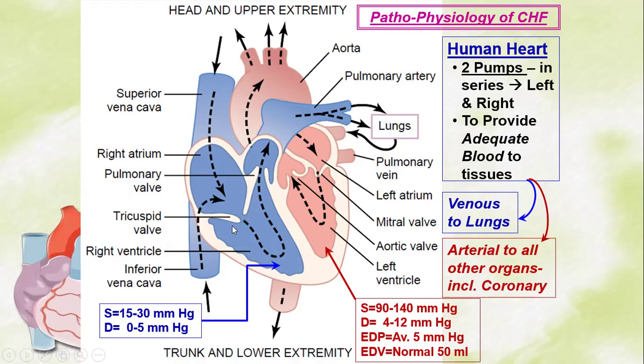This blood is your deoxygenated blood, and in the lungs there is an exchange of oxygen and carbon dioxide. So your deoxygenated blood becomes oxygenated blood, and then it goes again. This is your cardiac cycle, right?